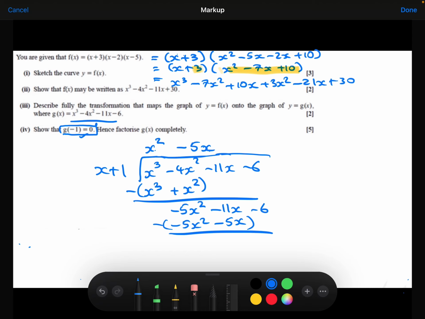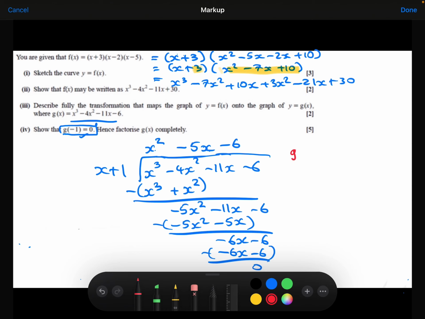The minus 11x minus minus 5x will be a plus 5x. So minus 11x plus 5x is minus 6x. The x goes into the minus 6x minus 6 times, and multiplying that out leaves us with 0, which was what we expected.